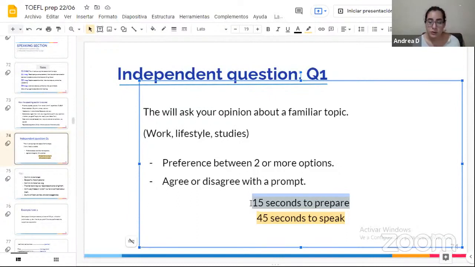And then you're able to look at a timer there, and you know how much time you have left, so you can organize your response better. And of course, you know when the time is over, so that you can start finishing off and getting ready when you're about to get to those 45 seconds.